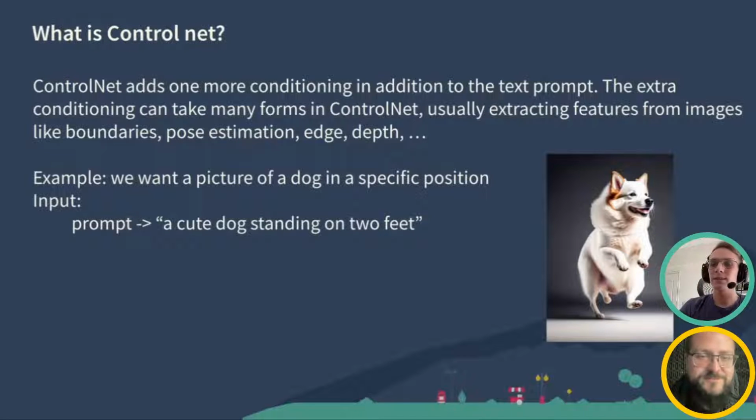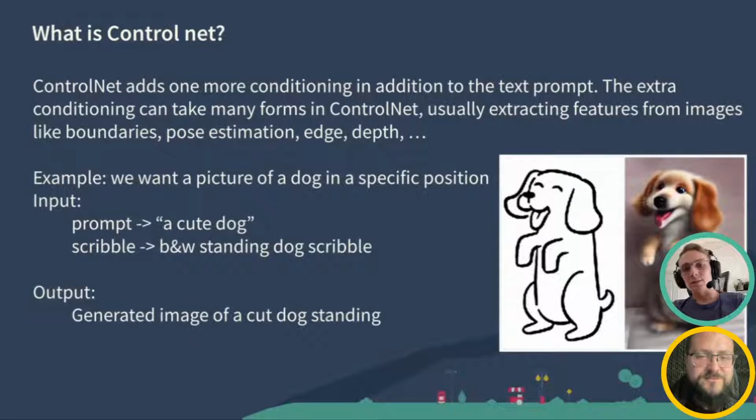So here is where ControlNet comes in to help get the image we want. We can use another input alongside the prompt, like a scribble from a black and white drawing. So we have the scribble of the dog, and the generated image is going to be very similar to the dog we drew, and more similar to the image we want.